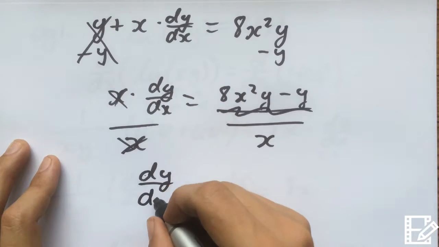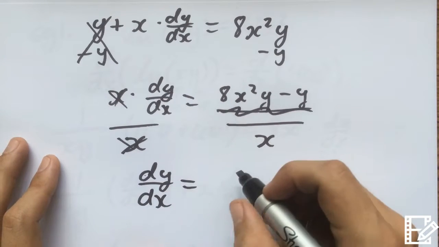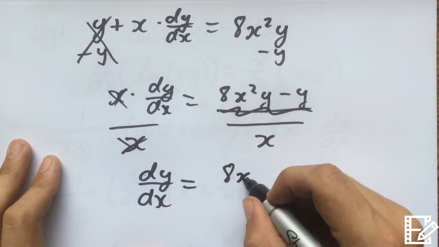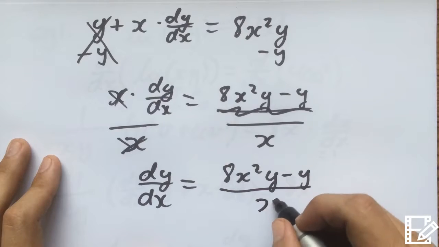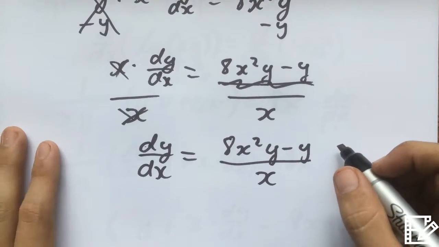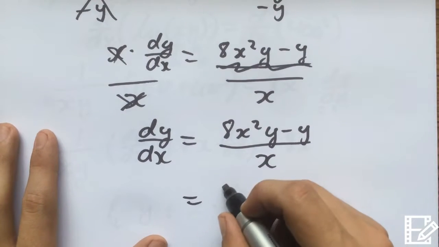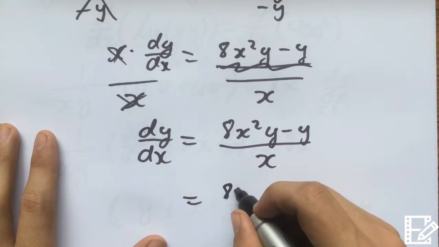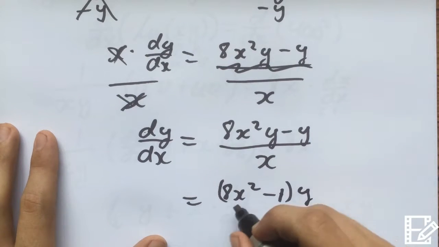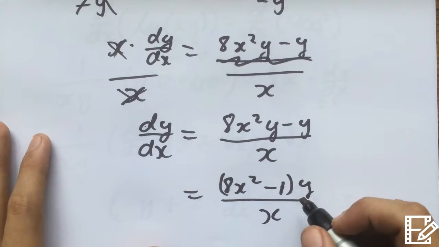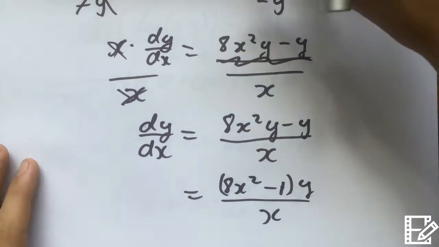Therefore, the derivative of y with respect to x is 8x squared multiplied by y, take y, over x. If you wanted to go a step further, you could factor out the y, and we'd have y times 8x squared take 1, over x.